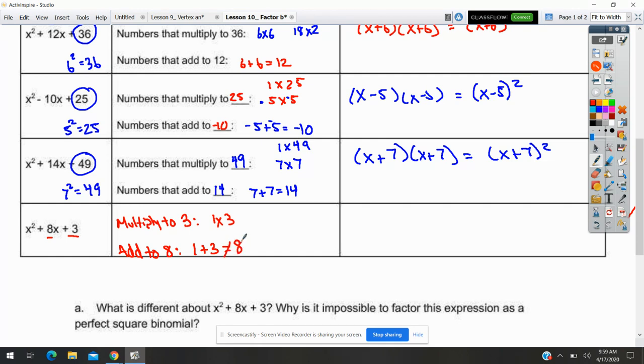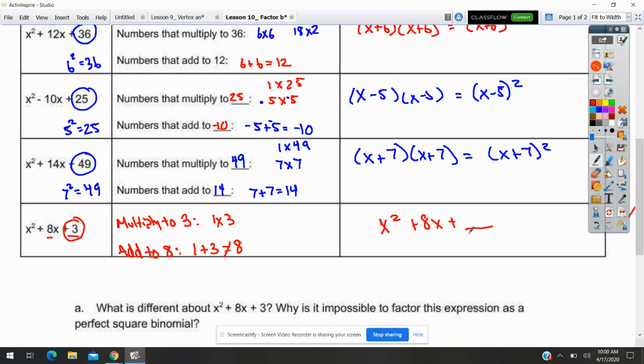So since we cannot factor this using the product and sum, we're going to have to factor this using what's called completing the square. Now, it's called completing the square because we're going to have to change that 3 to another number so that we can factor this trinomial.